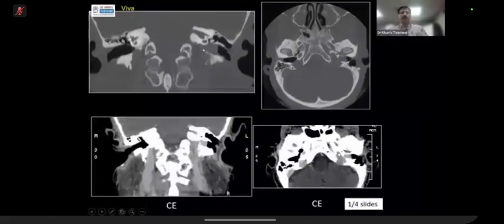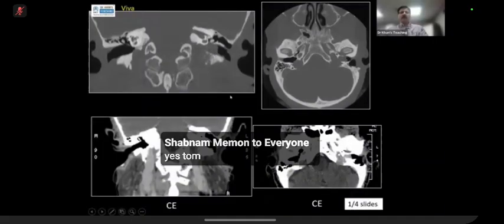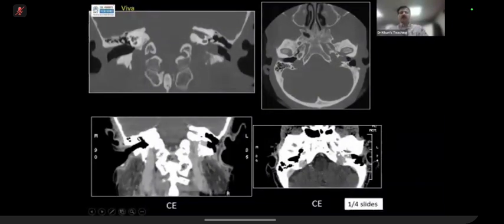Compare this jugular foramen with this jugular foramen, and there is some soft tissue which is going into the middle ear. When we gave contrast, though the windowing is not very good, this is the appearance on contrast, and this is the appearance on contrast.